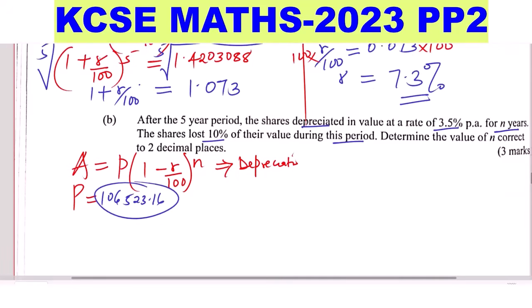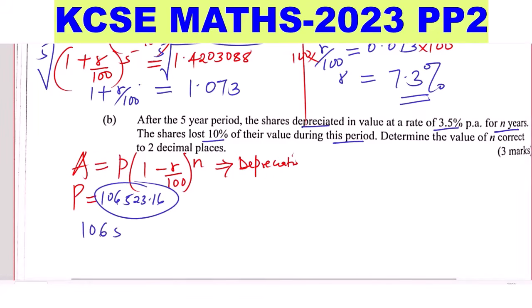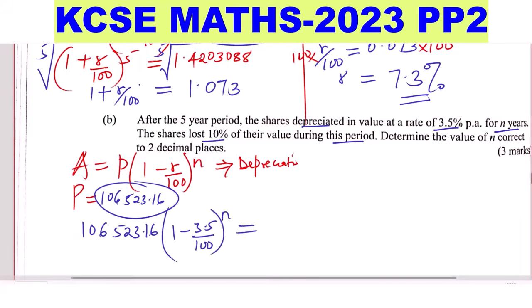So the principal, 106,523.16, times 1 minus the rate, 3.5 over 100, raised to the power of n, which we don't know, the period, is equivalent to the amount after depreciation.